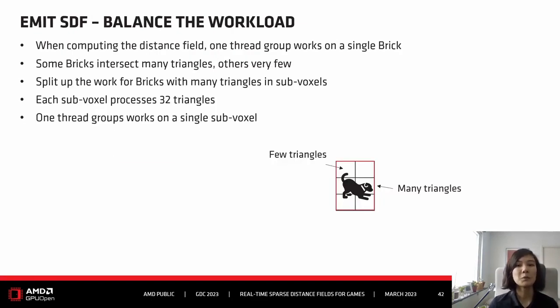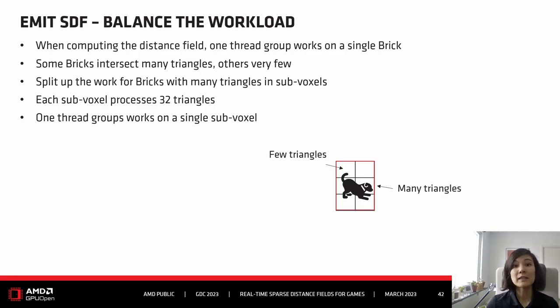Another workload balancing is done when we compute the distance field for the bricks. One thread group works on a single brick. But some bricks intersect with many triangles, others with very few.